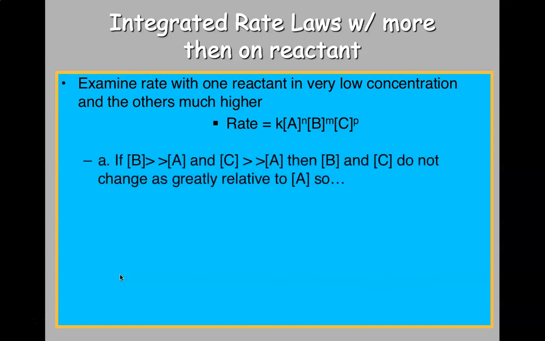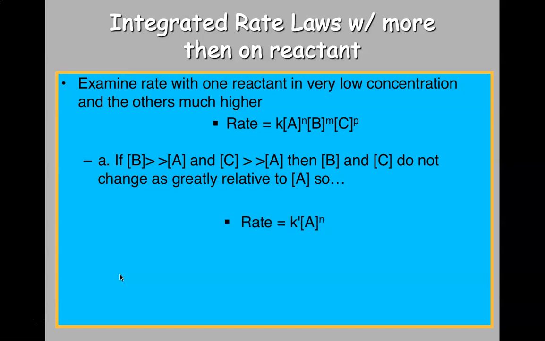So if we assume and we make the condition that B is greater than A and C is greater than A, then during the process of the reaction, B and C don't really change that much. A is going to have a profoundly big change, but B and C are so big comparatively, they don't affect anything.